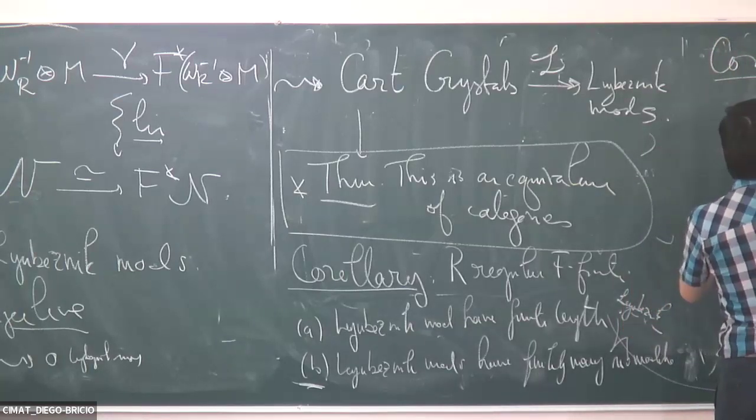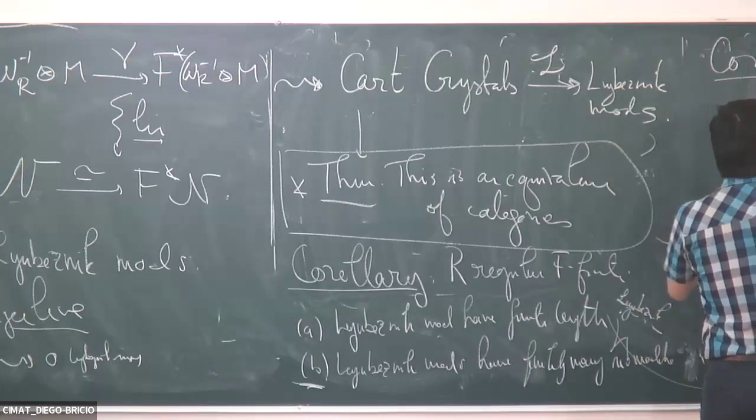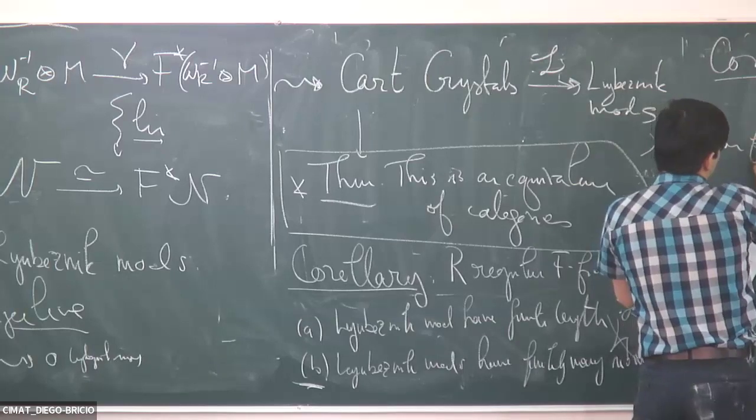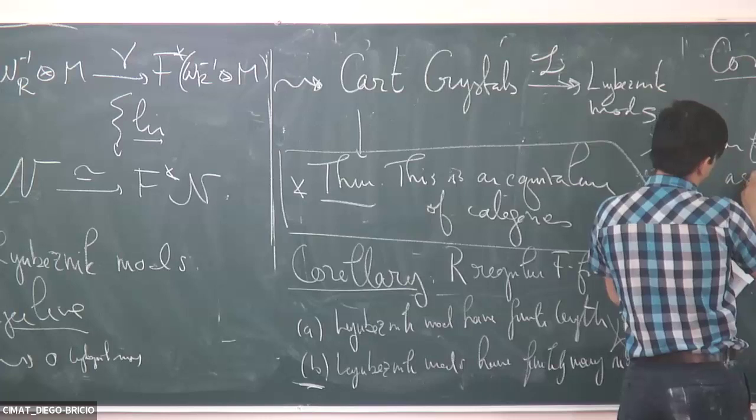If we have our regular ring, then this has finitely many associated primes.